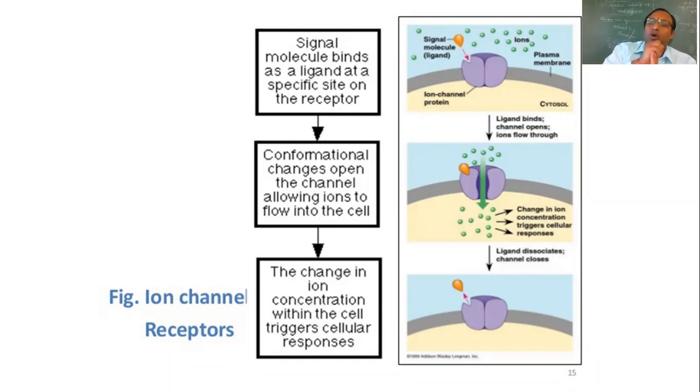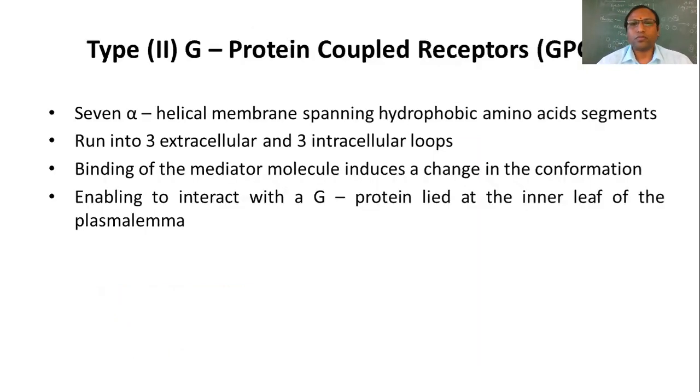Once the signal binds on this receptor, a conformational change occurs and it opens up, thereby allowing the ions in. Once the required amount of ion has reached inside, the signal moves out, the conformational change occurs again, the receptor comes back to the normal state and closes up. So this is how the ion channel receptor works.